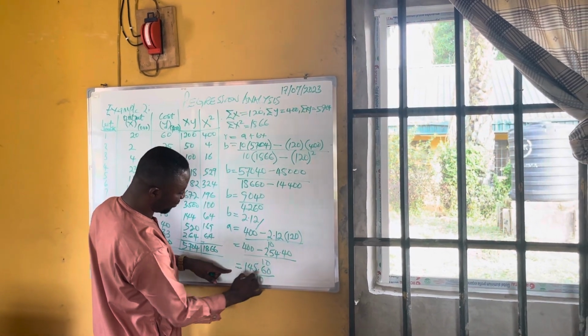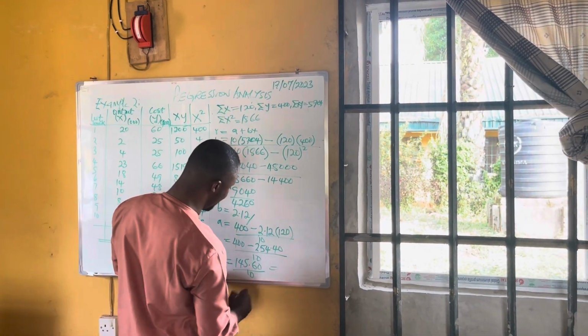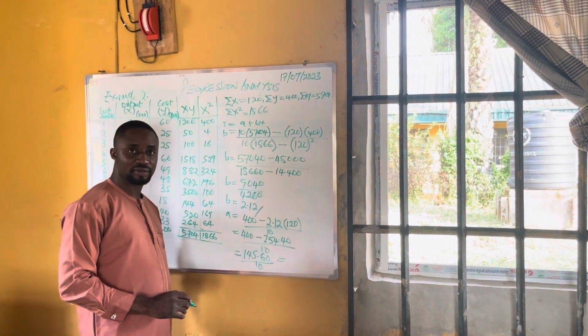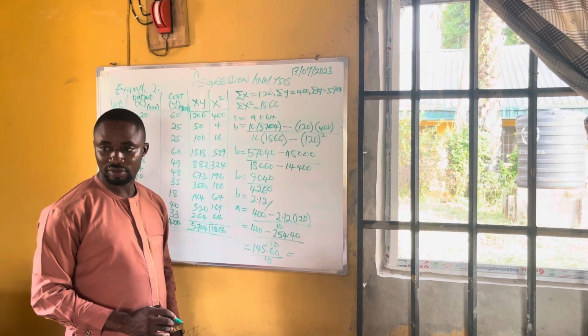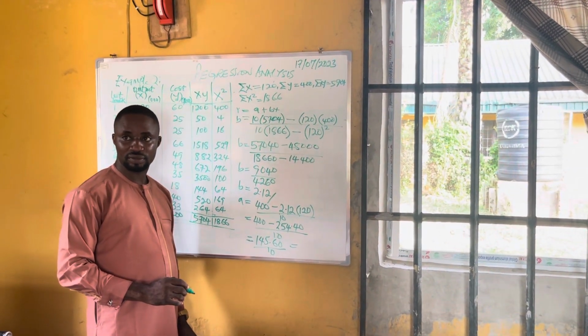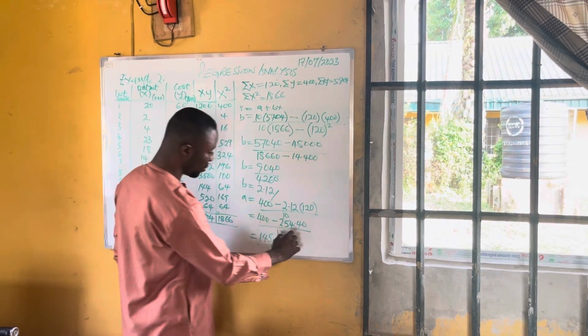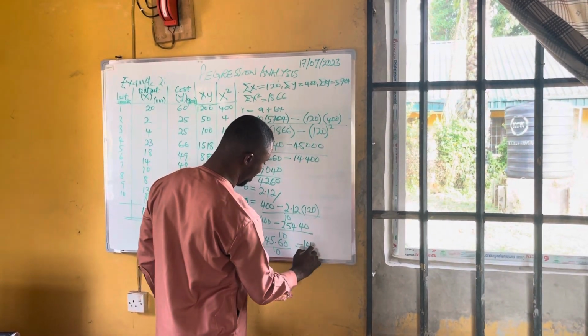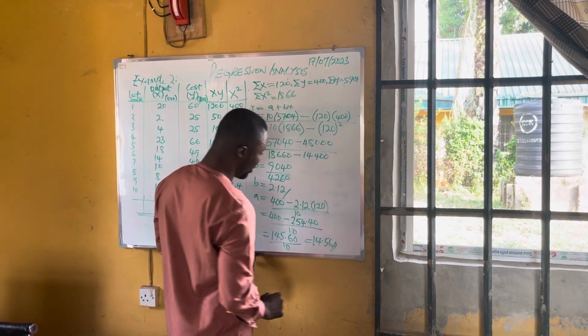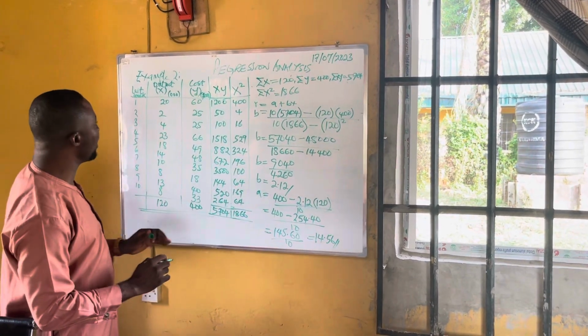All over 10. So a is equal to 145.60 divided by 10, which is 14.56.